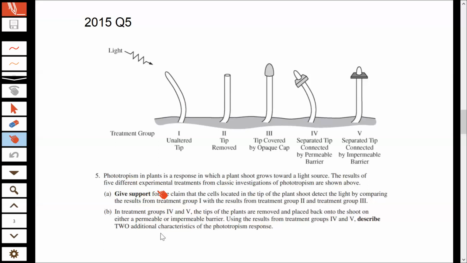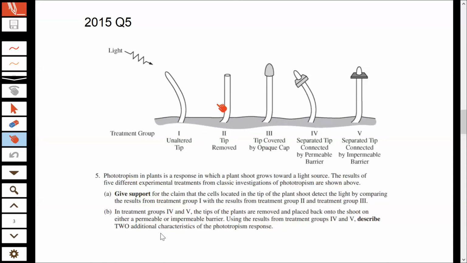Now looking at groups 1 and 3, we can see the only difference here is that the tip in group 1 can detect light and the tip in group 3 cannot, because it's an opaque cap. Group 3 does not experience phototropism and group 1 does. So we can conclude from that it is some kind of light sensory response.